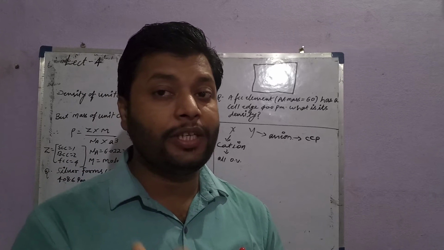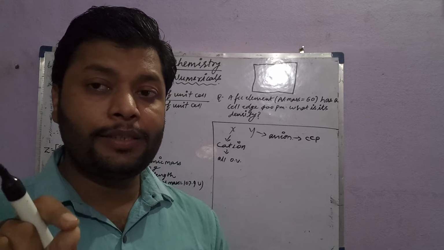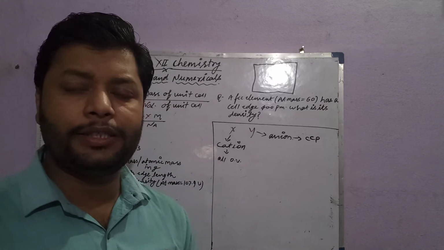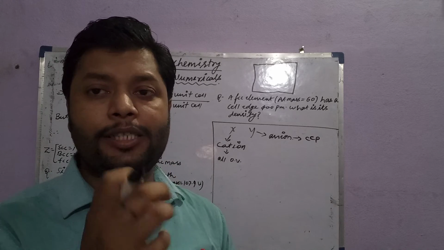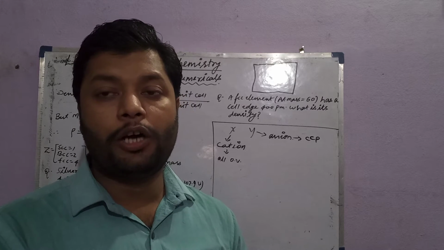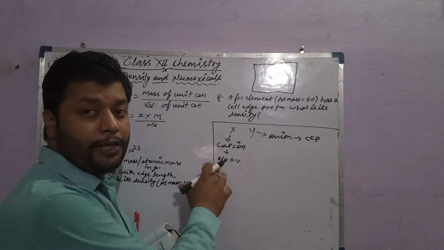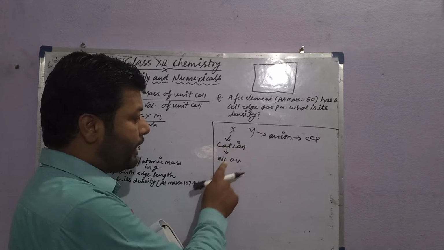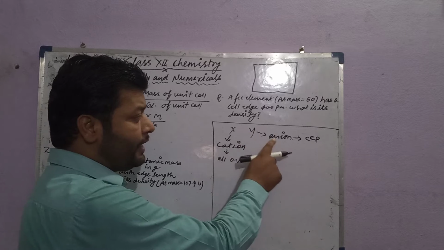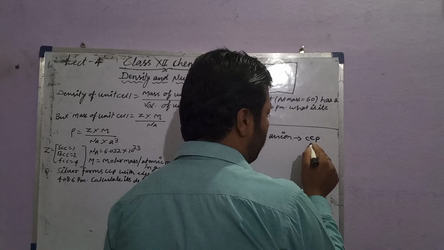Remember one more thing: anions always occupy lattice sites, and cations, due to their smaller size, generally occupy the voids in the unit cell, like tetrahedral voids or octahedral voids. As in the question, X as a cation occupies all octahedral voids, and Y as an anion forms CCP. CCP is also called FCC.